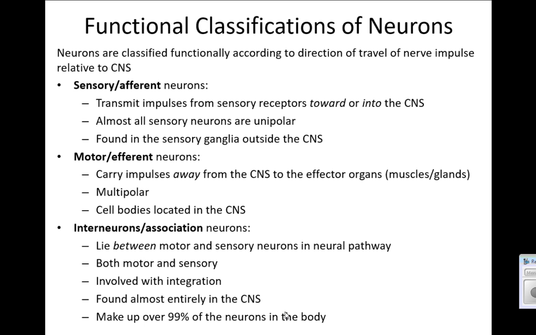Sensory or afferent neurons are generally going to be, or most of the time going to be, unipolar in structure. And they're going to go towards the brain and spinal cord, carrying signals like pressure or touch, vibration, itch, tickle. Now, bipolar will also be sensory in function, and they carry signals like hearing or smell into our brain.